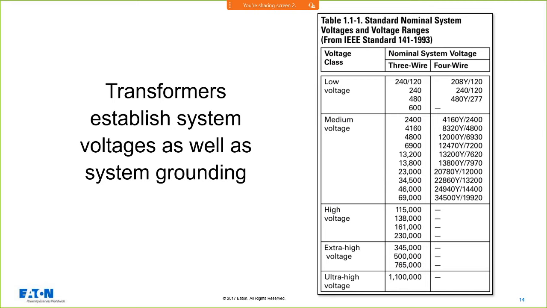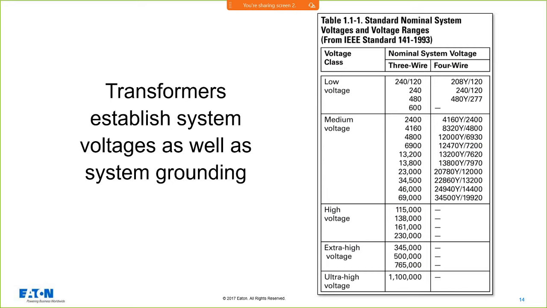So again, the transformer is going to establish those. These are from IEEE Standard 141. These are your nominal system voltages that we have. So your 600 volts, 480, 240. But your transformer is going to be used to establish these. And what the design engineer has to do is figure out when they are going to apply what voltages.